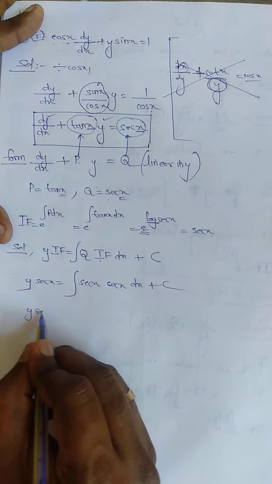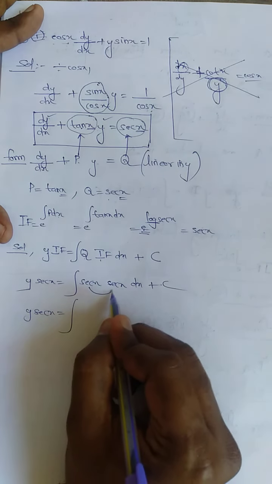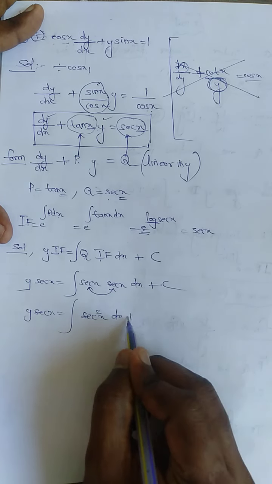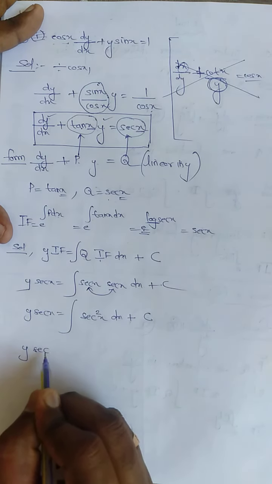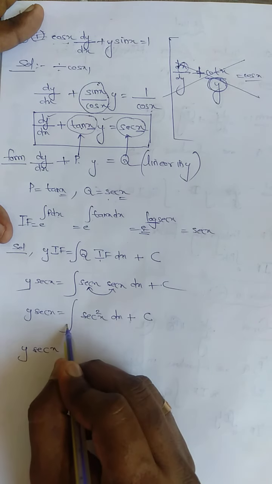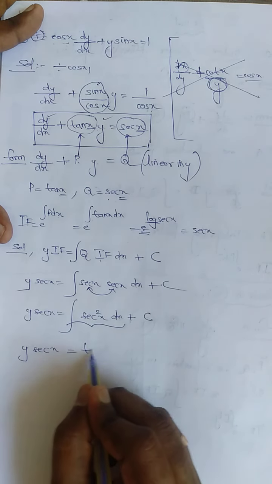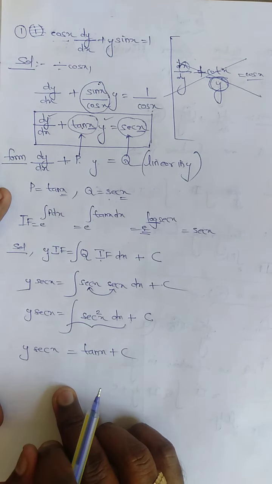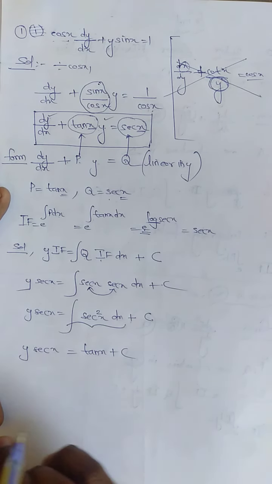Therefore y secant x is equal to secant times secant, which is secant square x, into dx plus c. Y secant x is equal to the integration of secant square x, which is tan x, plus c.